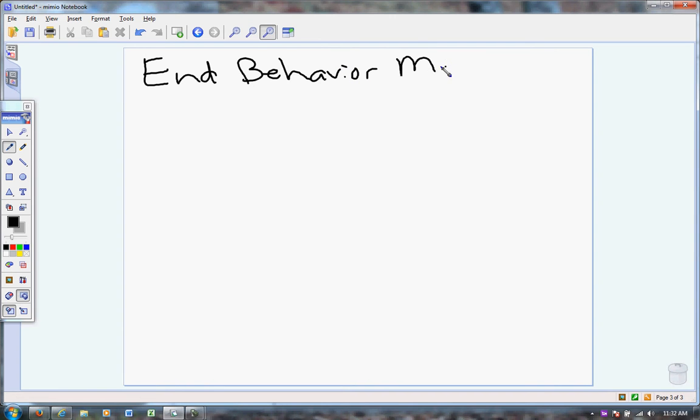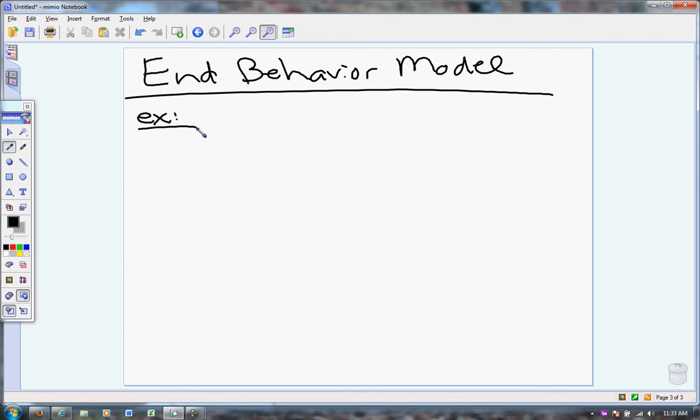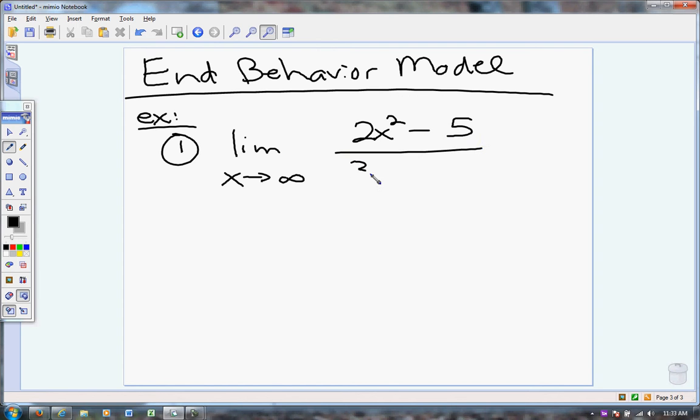And this is so important as we move towards the AP exam, because end behavior models save you so much time. All right? So let's do a couple of examples here. Let's say that I was doing the limit as x approaches infinity of 2x squared minus 5 all over 3x squared plus x plus 2.